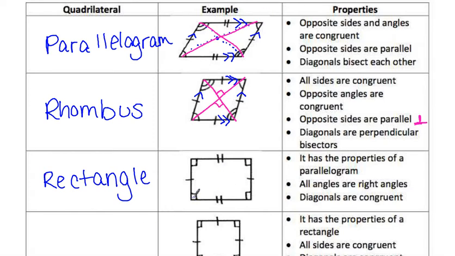Whereas with a rectangle, if I draw in the diagonals with a different color, you can see that they're going to be exactly the same size. Now, they're not perpendicular like they are in a rhombus, because a rhombus has all equal sides and it makes them perpendicular.